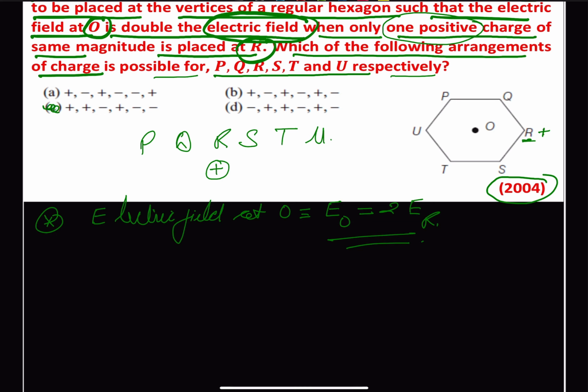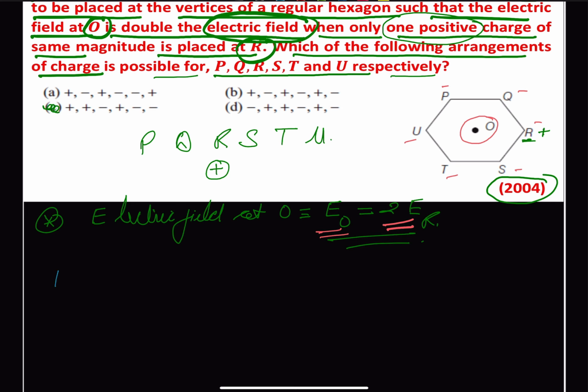Okay, because if we keep charges at their respective P, Q, R, S, T and U and try to find out the net electric field at point O, then its resultant should be equal to our E naught, or basically it should be equal to 2 times ER.